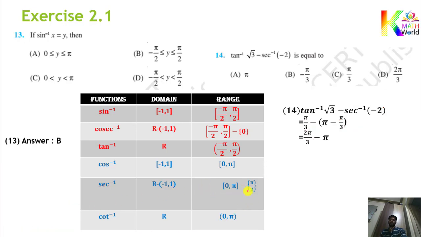Again, whatever we discussed, the steps are here. Okay, so what is the answer you got? Option B.